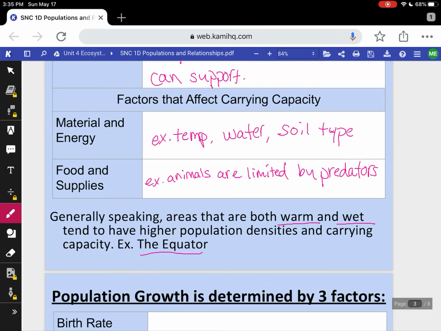There's a large amount of populations, and that's because there's a very good temperature, there's a lot of rainfall, so then there is a lot of vegetation available around there. And that's in comparison to a desert, for example. So a desert has relatively small carrying capacities because there's not a lot of materials around there for living things.